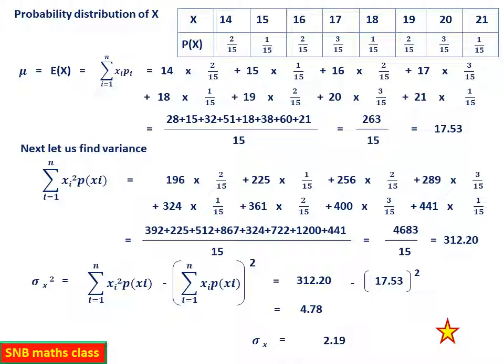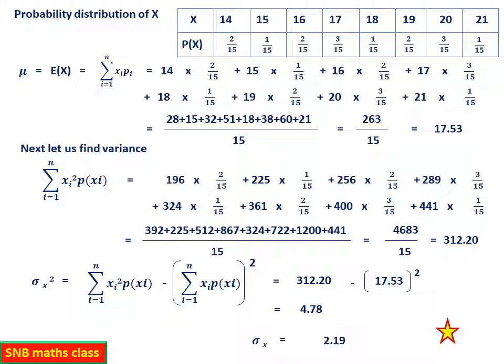Now we have to use the formula. What is sigma x square? It is sigma xi square p xi minus sigma xi pi the whole square. This is important. So this is 312.2 minus the value I have already calculated, that is 17.53, the whole square. This you have to simplify.